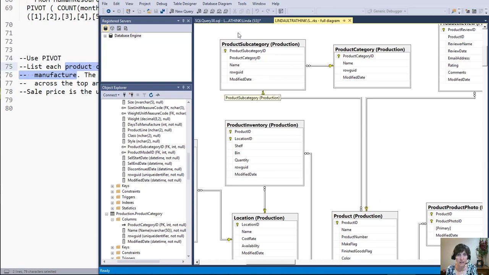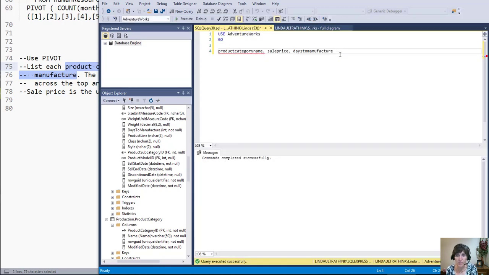Let's go ahead and start down. It's looking like we're going to use several tables. So let's start keeping track of the tables that we're going to use. So these are in production, and one is called the product table, and one is production product category, and one is production product subcategory.